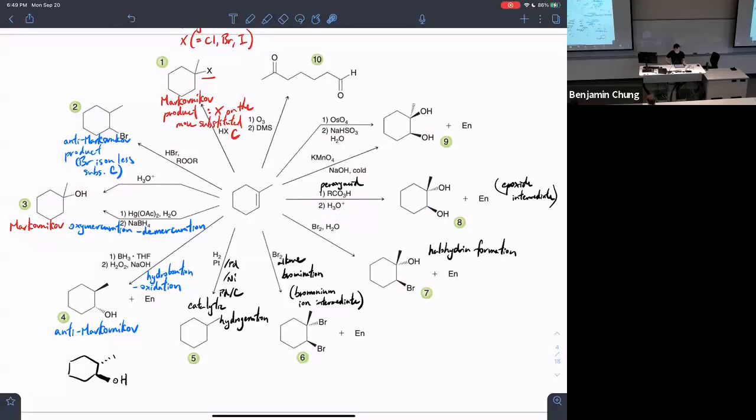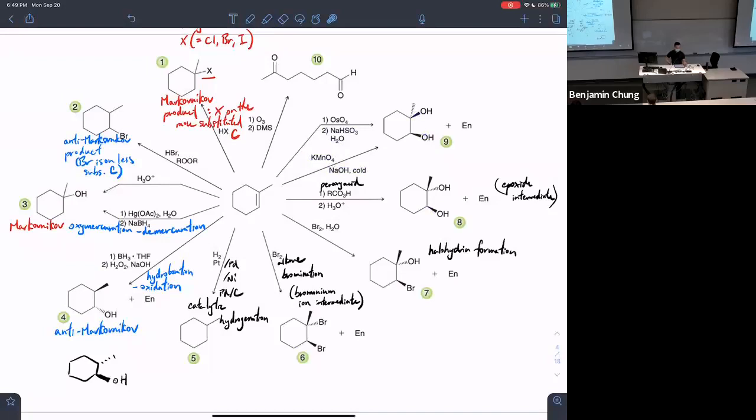And then analogously, you can have syn addition of your 2 OHs under 2 reaction conditions. They're both oxidations. You can either use osmium tetroxide followed up with sodium bisulfite and water. And that gives you 2 OHs on the same side as opposed to on the opposite side. Or you can use potassium permanganate in the presence of sodium hydroxide to give you that same product.